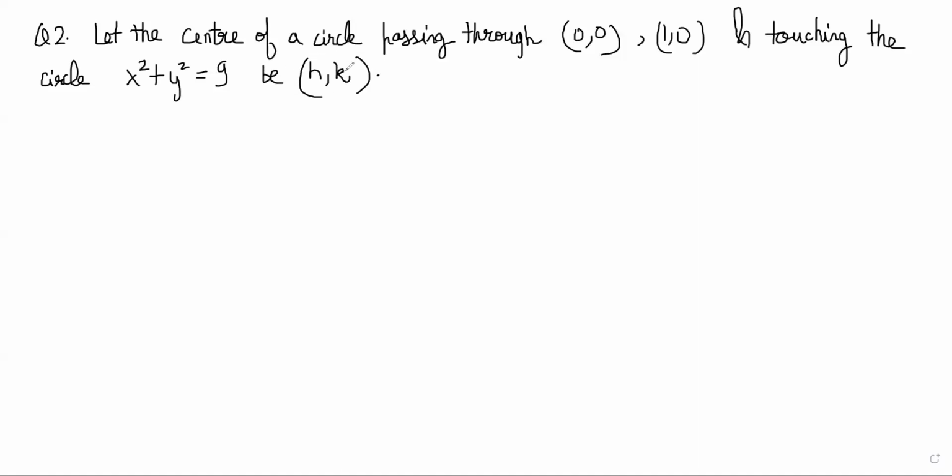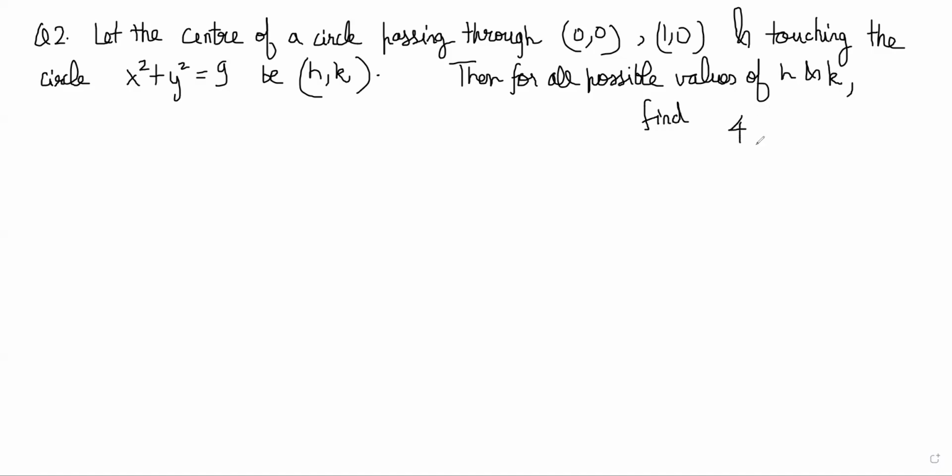So the center of the circle is h comma k. Then for all possible values of h and k, find out what is 4 times h square plus k square.